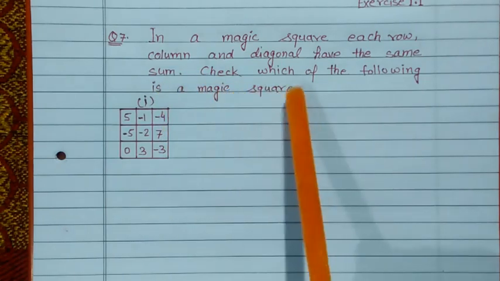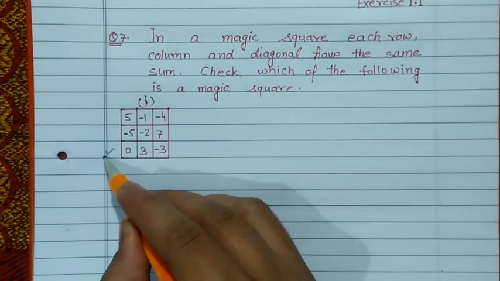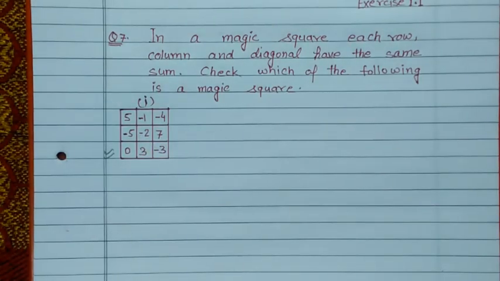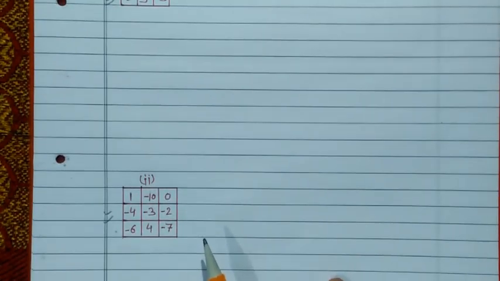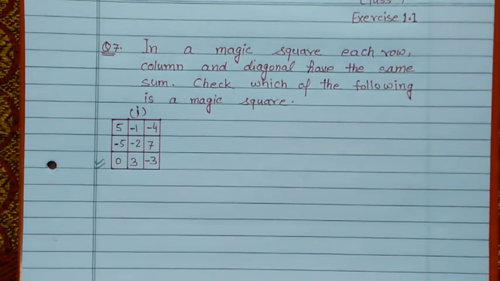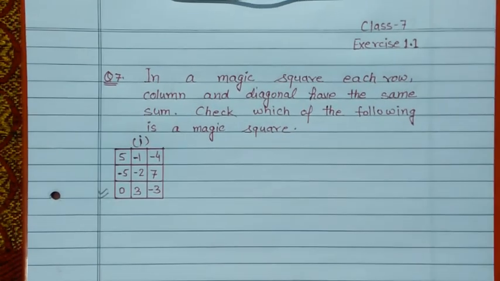Check which of the following is a magic square. So students, we can see here two squares are given. This is the first square and this is the second square.